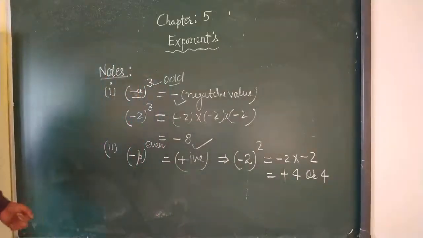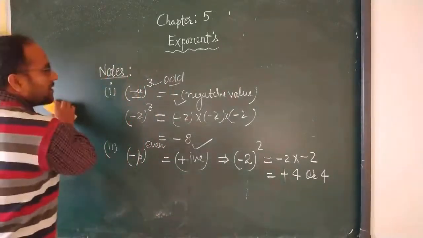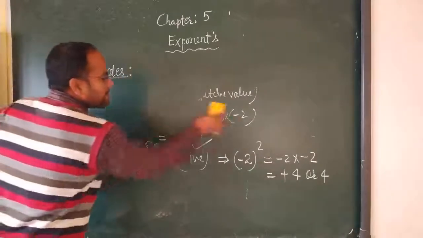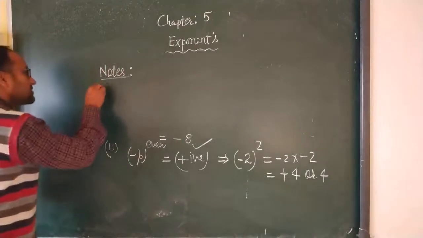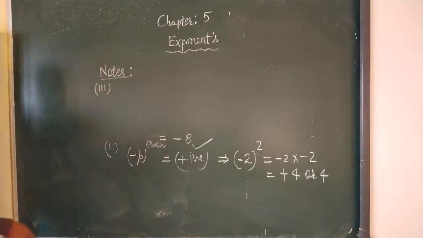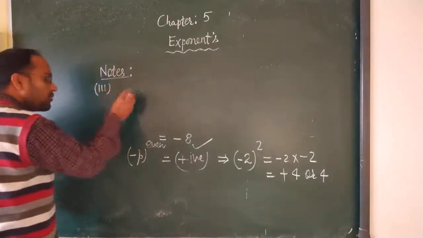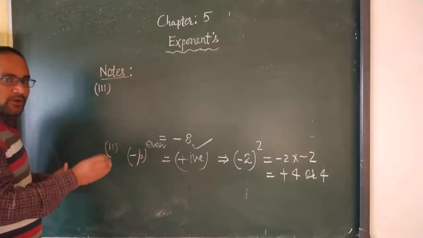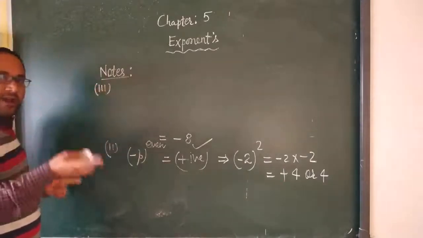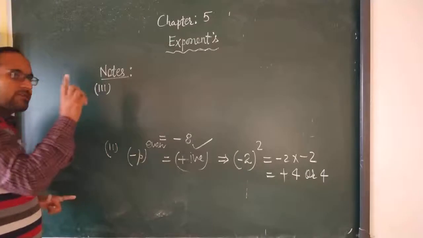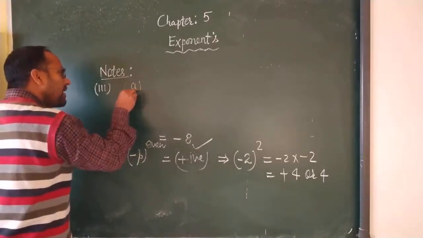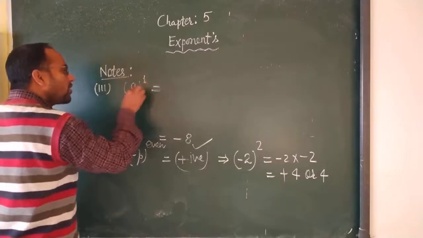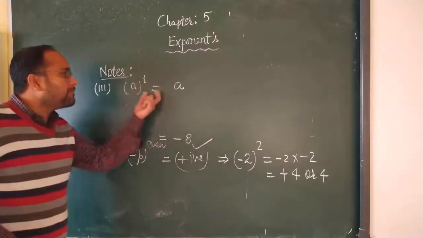Now the third point, students. If your base is any number, no problem, and its power or index is 1, then you always get the same number. Suppose a has the power 1, then you always get the number itself.